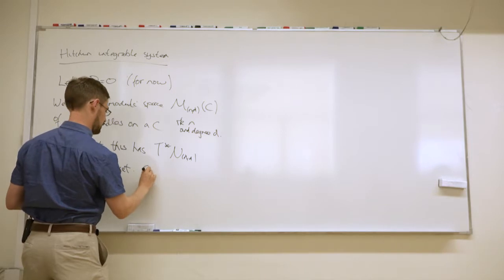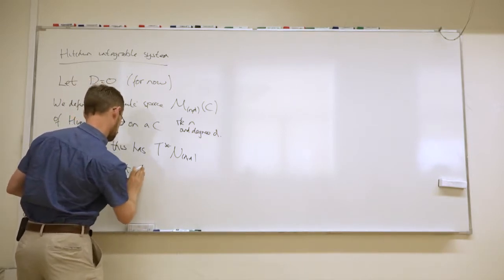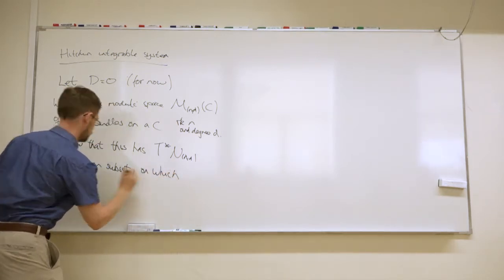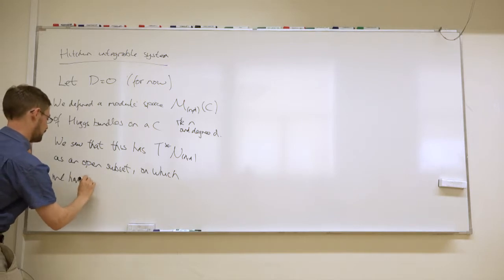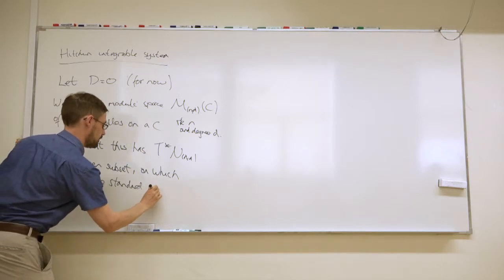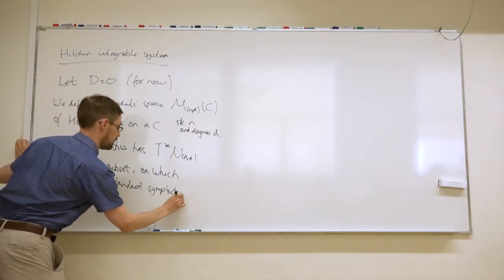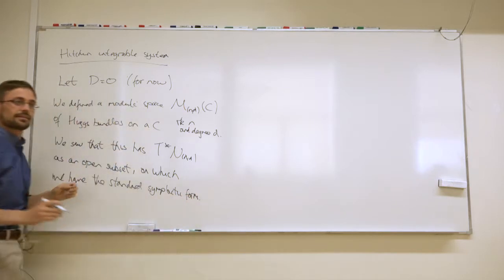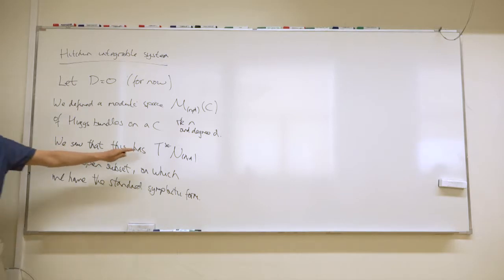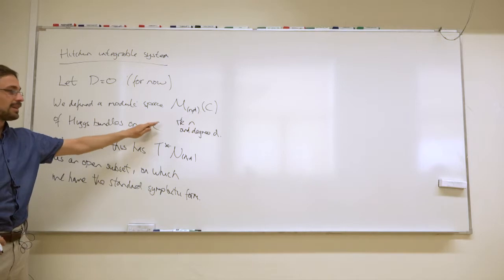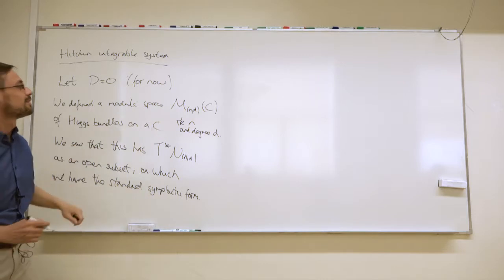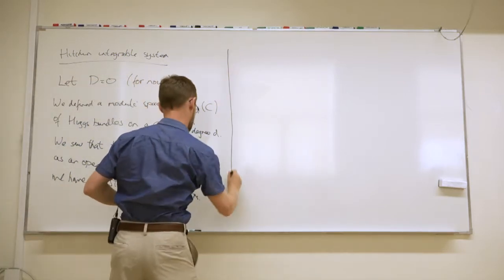And this carries, on which we have the standard symplectic form. So it's at least clear that away from some subspace, which is actually of codimension 2, you have a symplectic form here. And exactly this codimension 2 property means you can try to extend it over there.